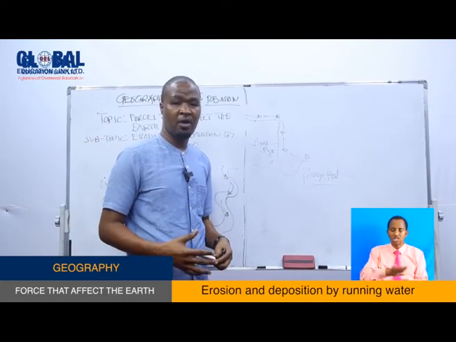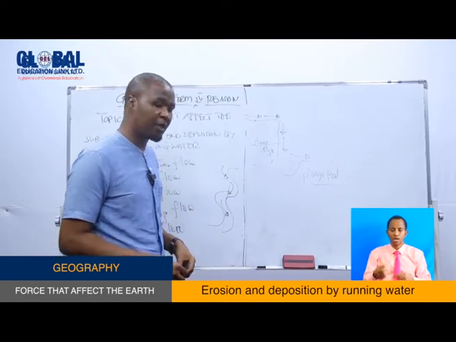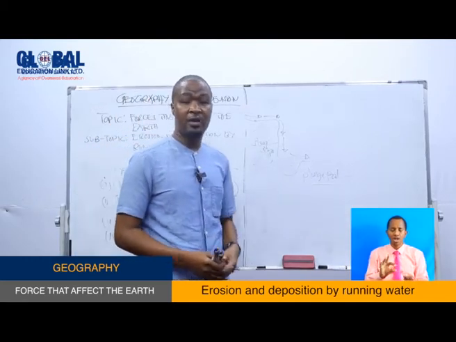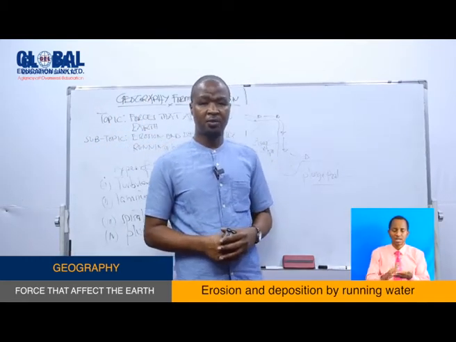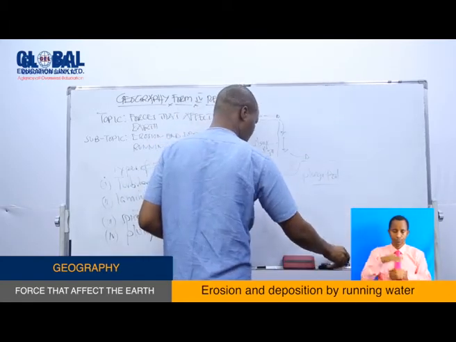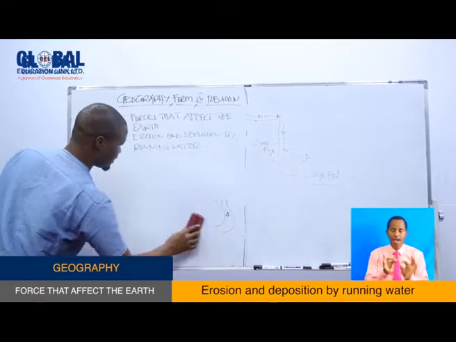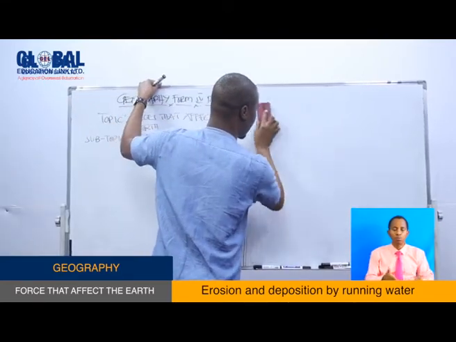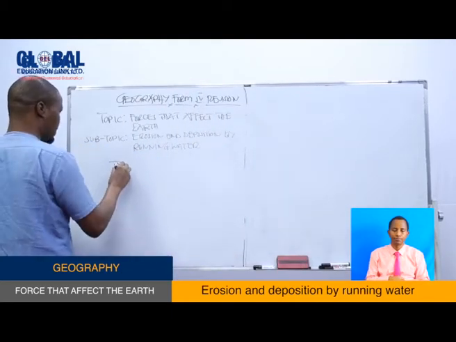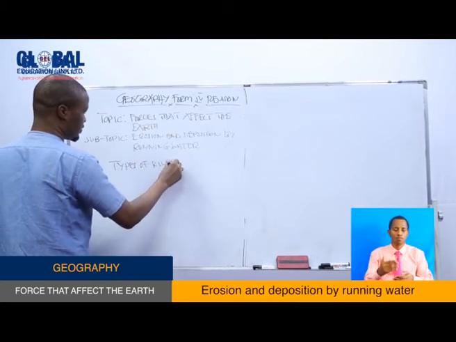Are you together? So from now, let's see types of river. We have different types of river, and we have categorized them into the main three types. Are you with me? Types of rivers.